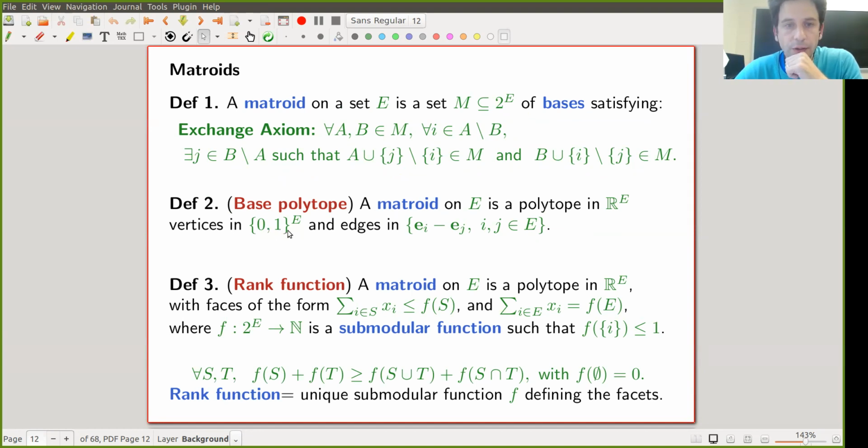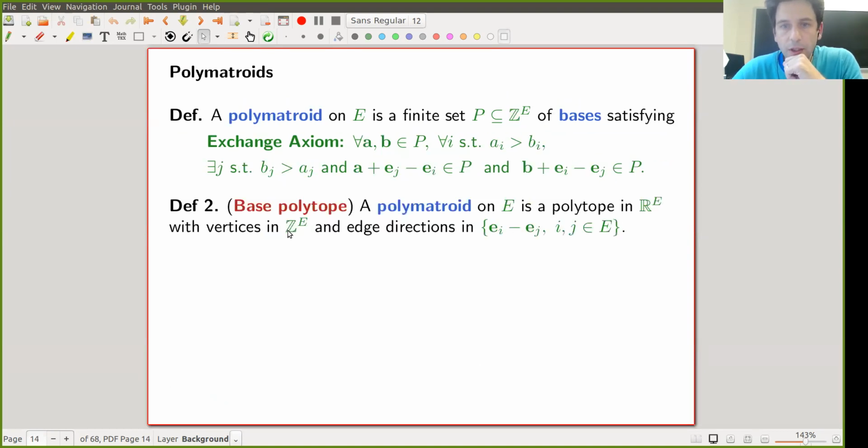Now we have coordinates that are in Z. But essentially, this is the only difference. A polymatroid can be identified with polytopes in R^E with integer vertices, such that the edge directions are of the form e_i minus e_j, where these are again the canonical basis elements.